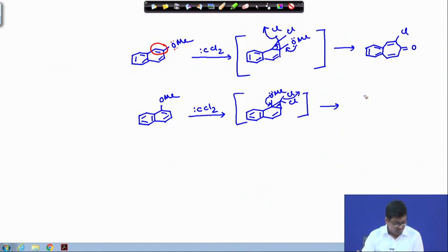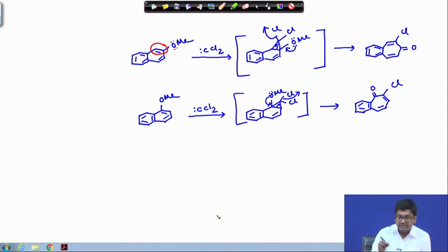Overall, this product will be this benzotropone type of moiety. So, in both these cases we got the expansion of the ring by simple reactions of the carbene with some aromatic ring.